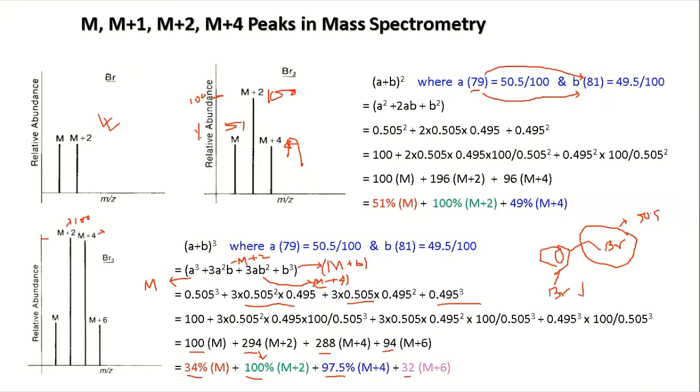Then one molecule has 2 bromines, and this will be the peak ratio surrounding the molecular ion. The molecular ion will come with M plus 2 and M plus 4.